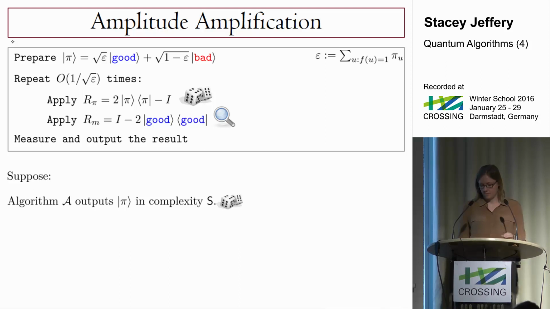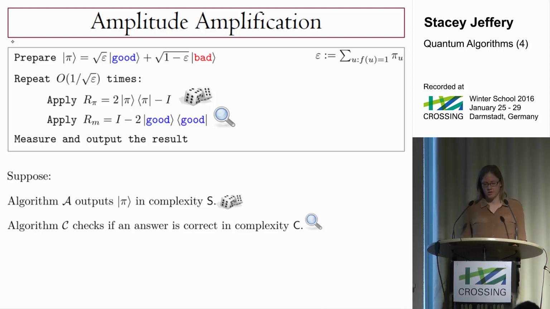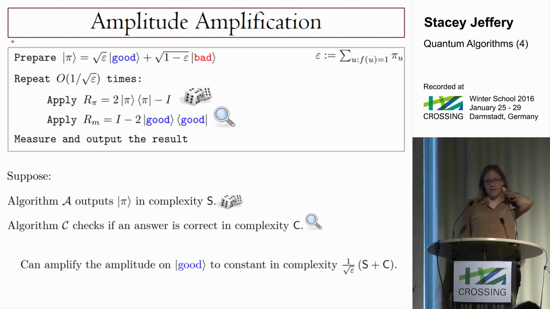And we'll also suppose that we have some algorithm that helps us implement the reflection r sub m. So this algorithm should check that we're correct or that we're in the good state or something. Then we can amplify the amplitude on the good state to constant using complexity 1 over the square root of epsilon times s plus c.